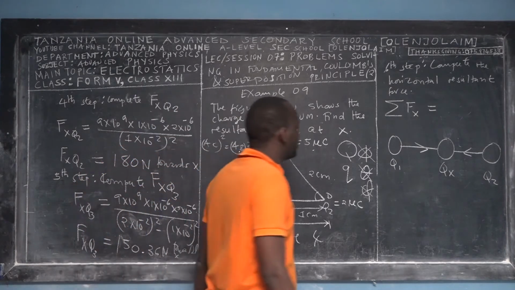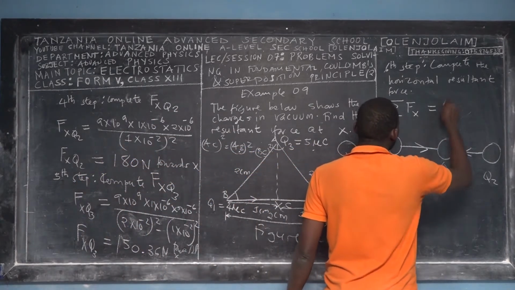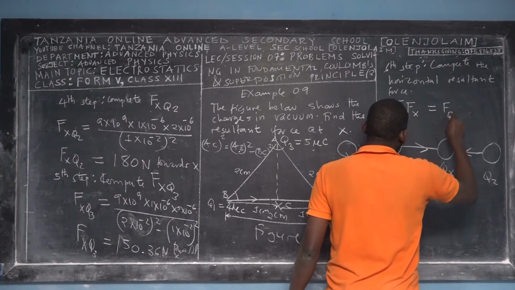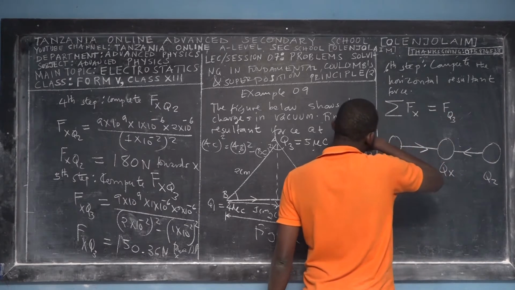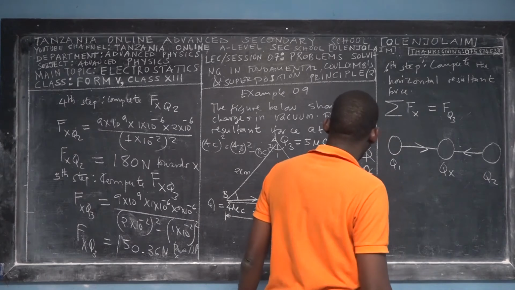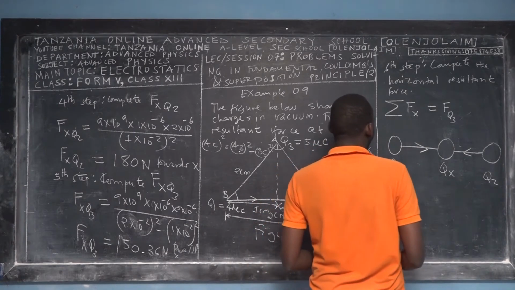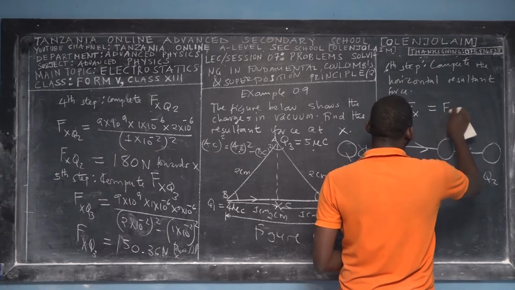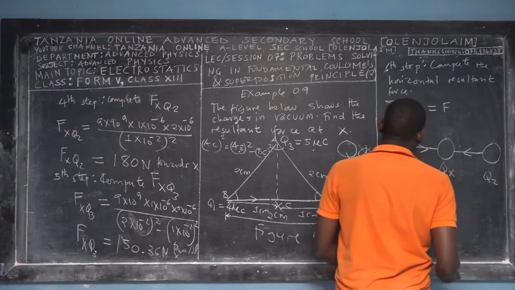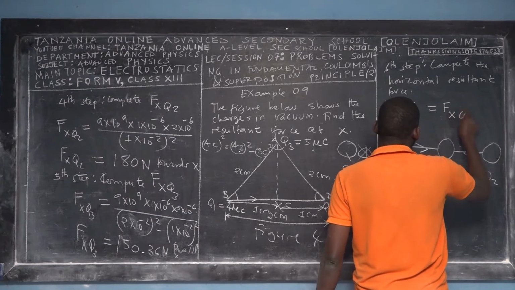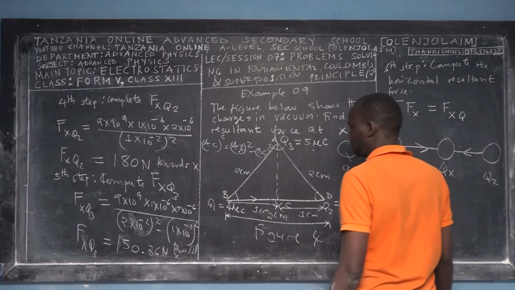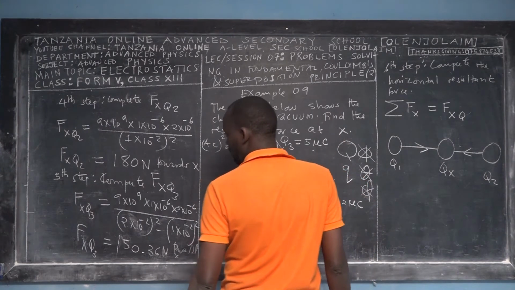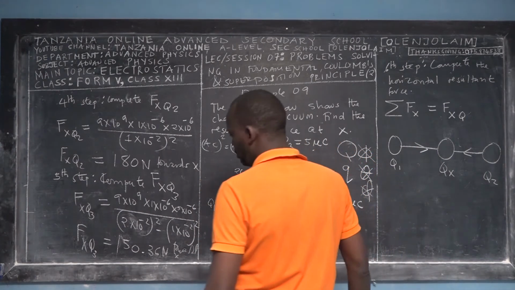So resultant force for this case, from this diagram, we say that this will be force on X due to what?